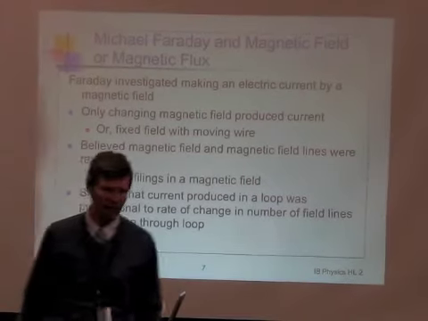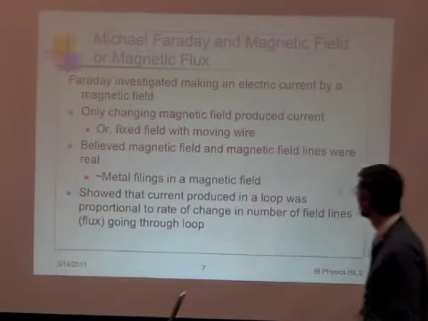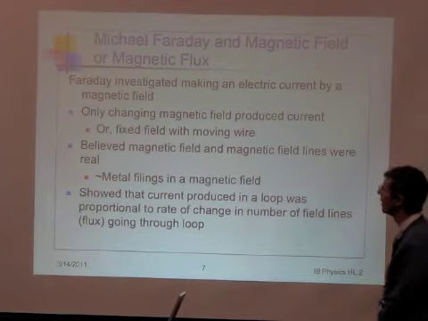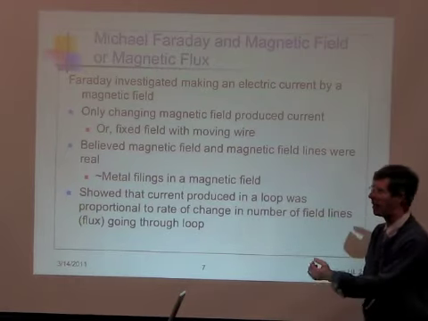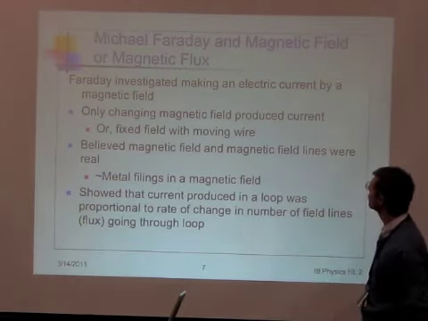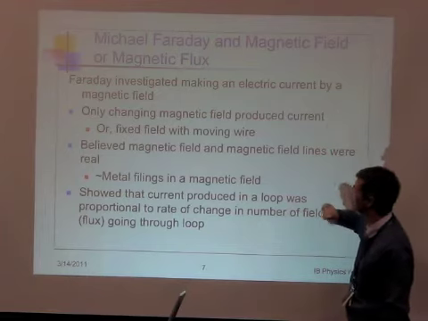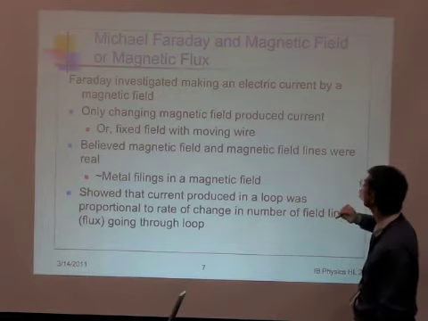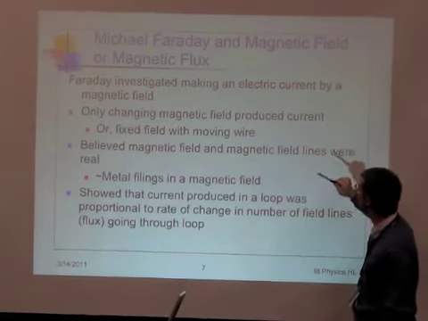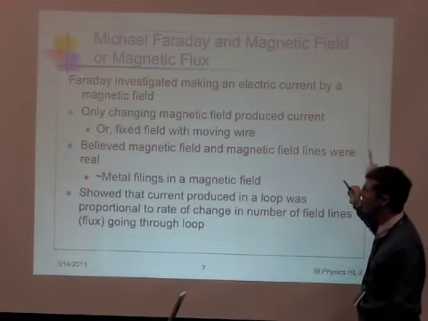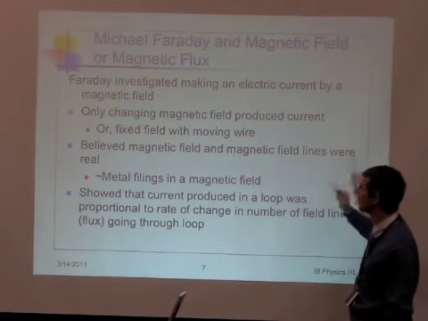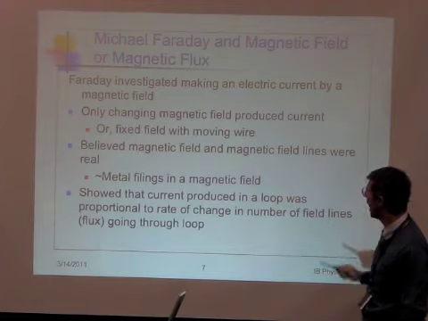Now, Faraday, probably the best experimental physicist maybe ever, was trying to figure out how you get an electric current from a magnetic field. And he figured out that it wasn't just the magnetic field, but something had to be changing.